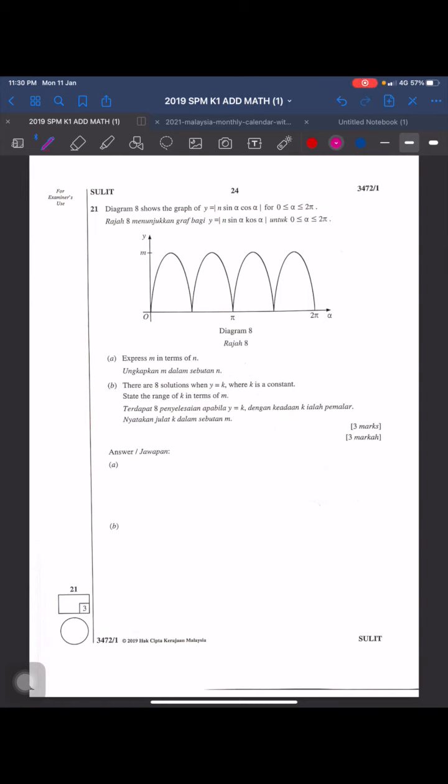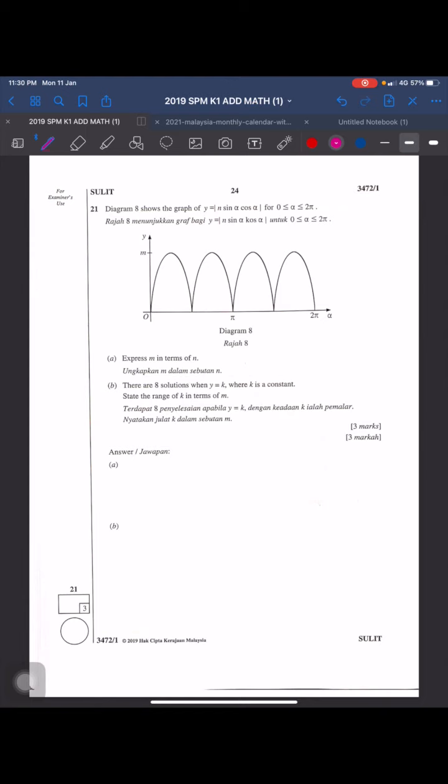Now we proceed with question number 21. Diagram 8 shows the graph of y for the given range. Express m in terms of n. Kalau kita tengok equation yang diberi, kita ada y equals to modulus n sin alpha cos alpha.